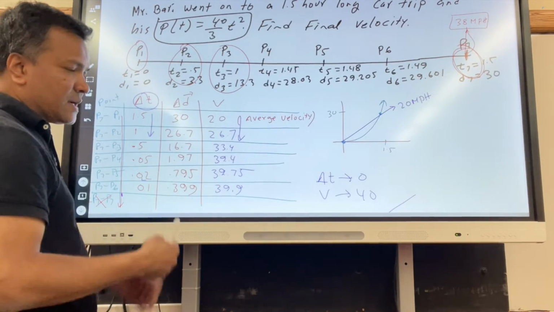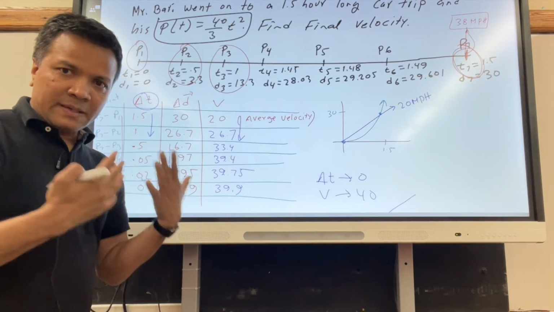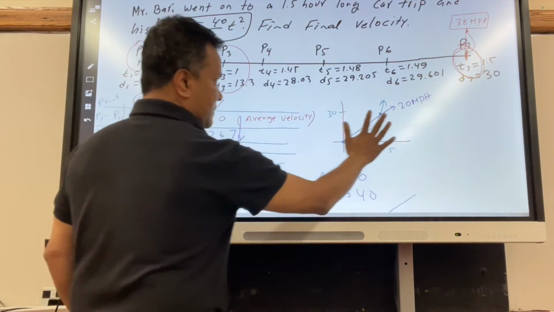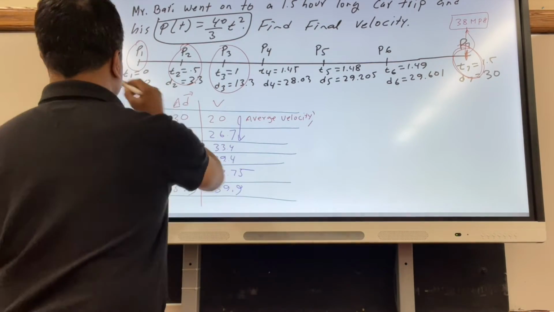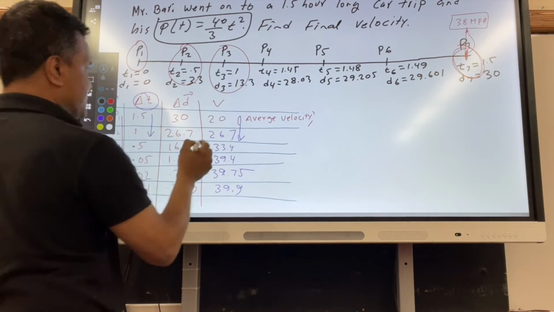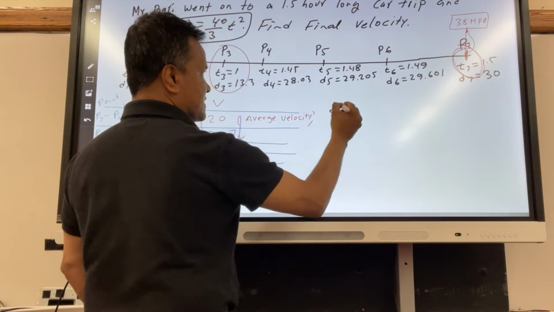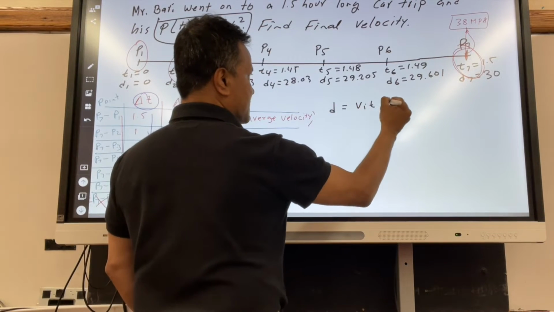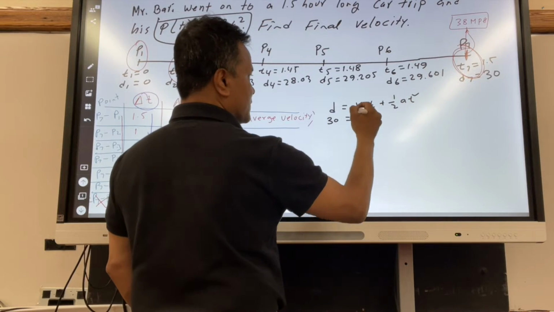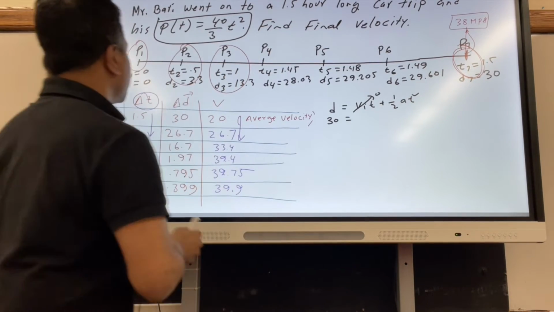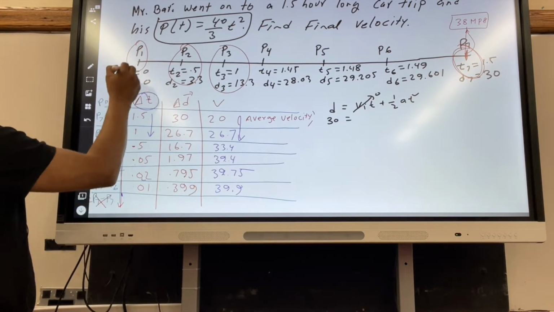Of course, now the physics also tells us the same thing. Okay, let's see. First, we're going to use the distance formula. So the distance is v_i t plus half a t squared. So 30 is equal to, this is 0 because you start at 0.